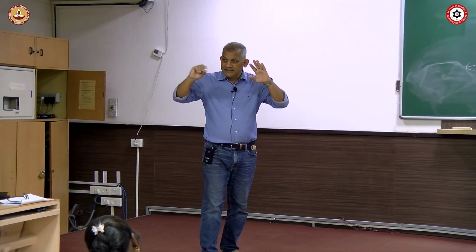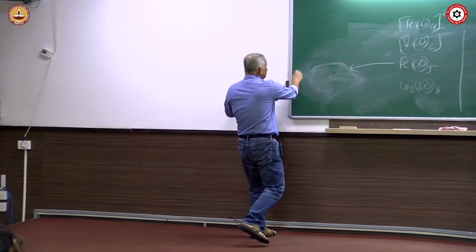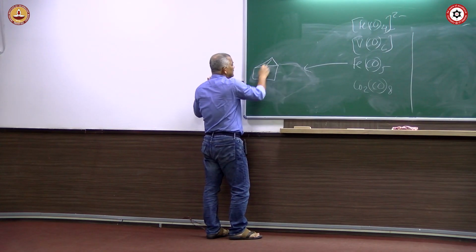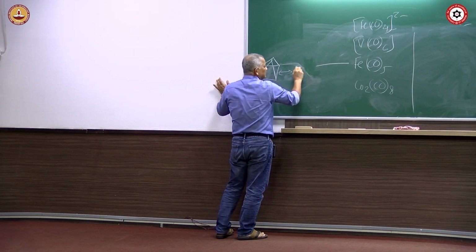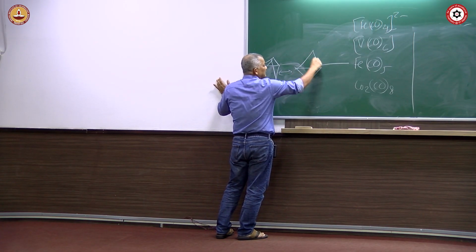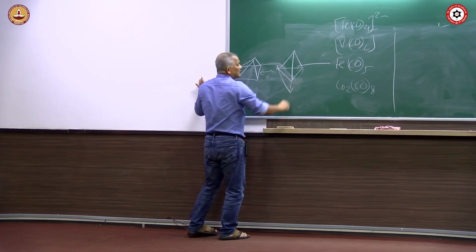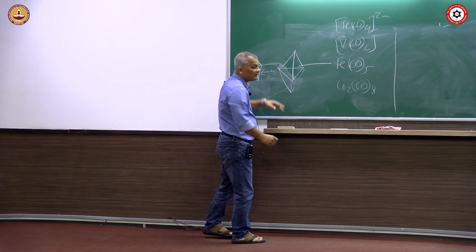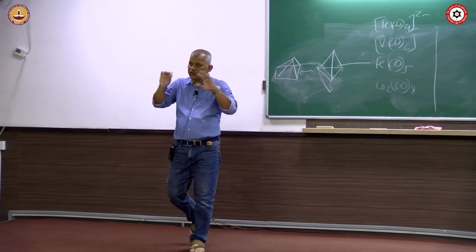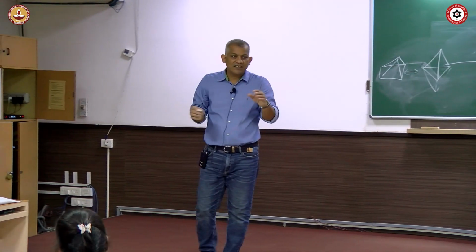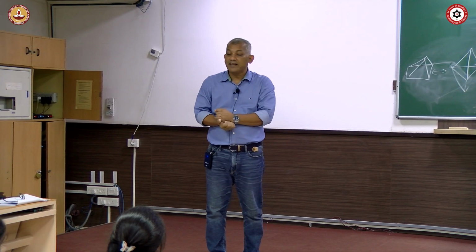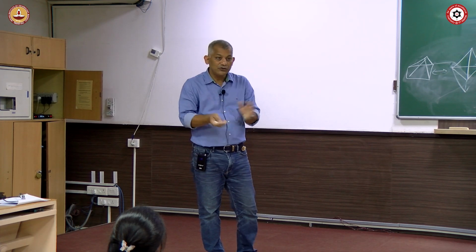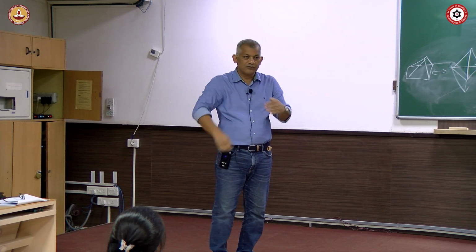So the square pyramid and the trigonal bipyramid, these two geometries are highly fluxional. The energy difference between these two states is 5 kcal per mole. Very, very low, so it just goes back and forth.